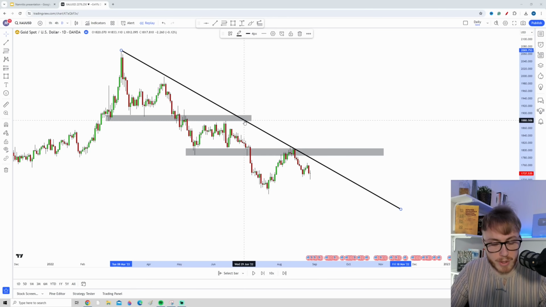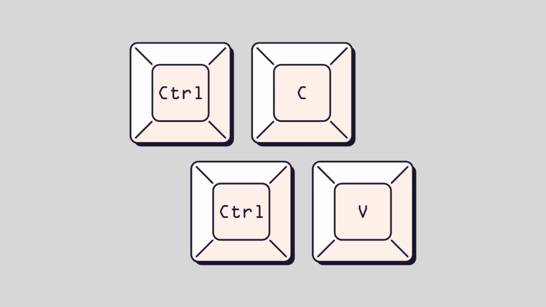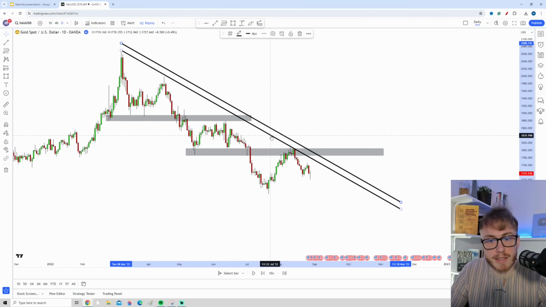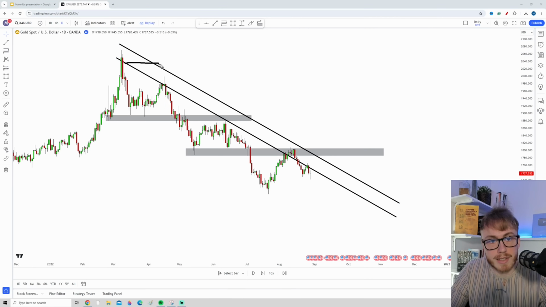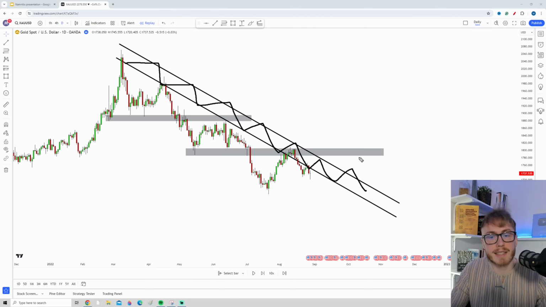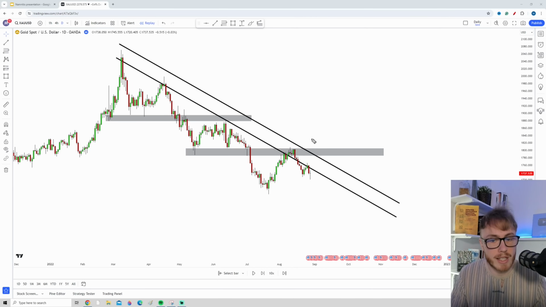So if you want to, you can press on the sloping line, copy it, and instead of having a line, draw a zone right here. In this case, this will be your resistance zone, and this is the area we expect the price to reverse the next time.